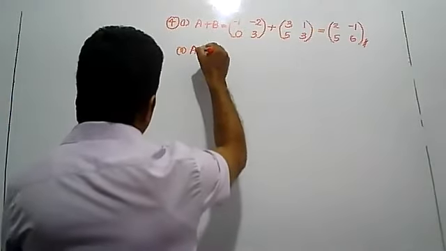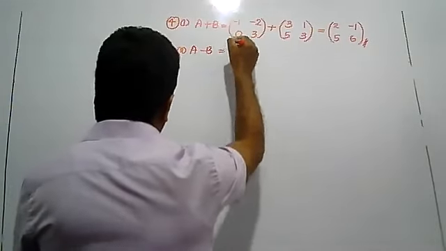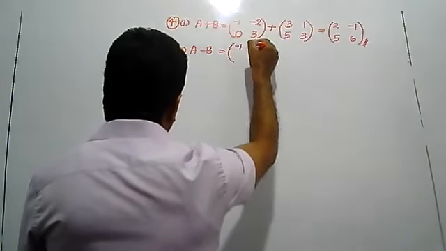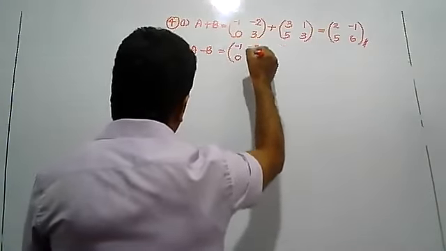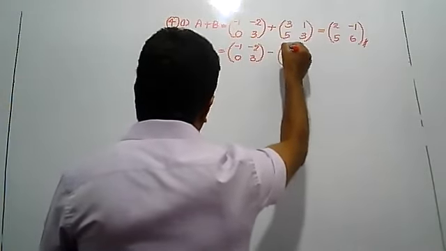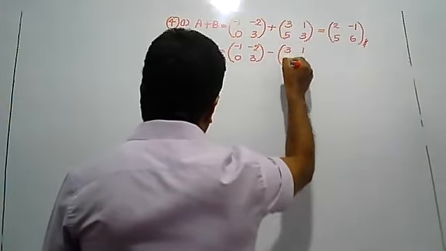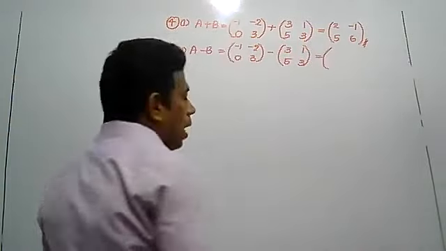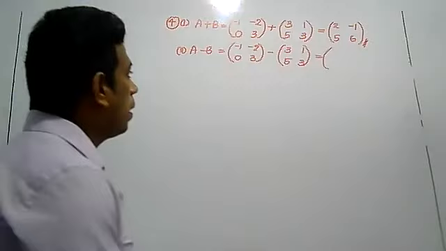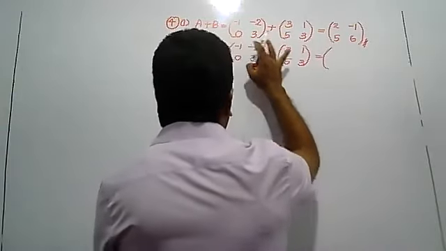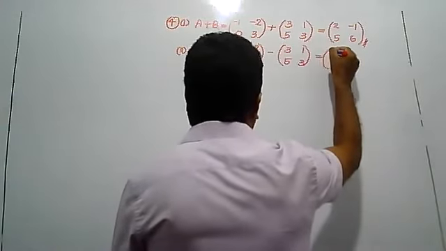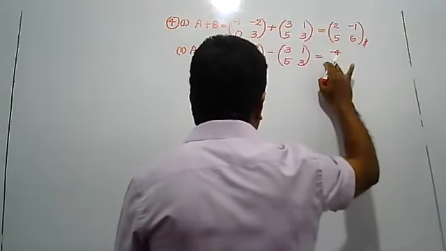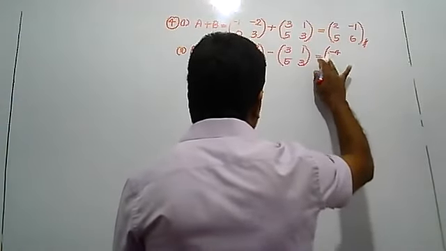Matrix A minus matrix B. When you subtract, minus 1 minus 3 is minus 4.